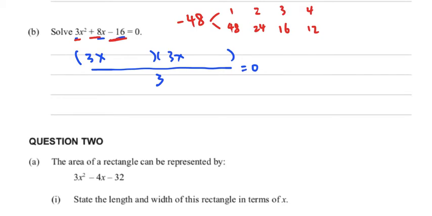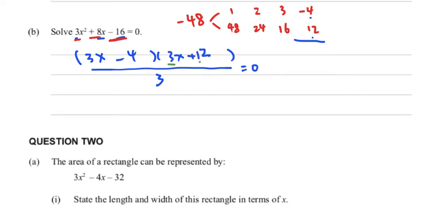So we can see the difference of the 2 numbers that gives you 8 is going to be 4 and 12. And then since we want them to add together to give you positive 8, the negative number must be smaller. So hence that's going to be negative 4. Negative 4 times 12 gives you negative 48. Negative 4 plus 12 gives you positive 8. So we have negative 4 there and positive 12.